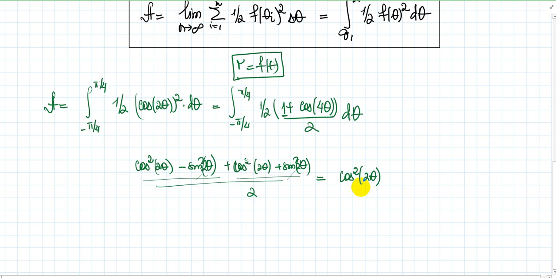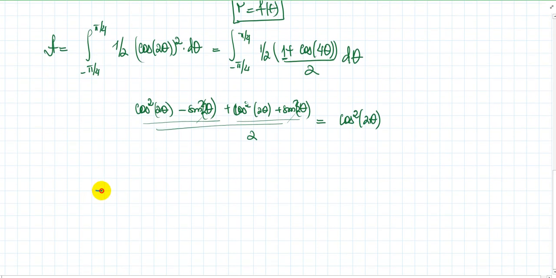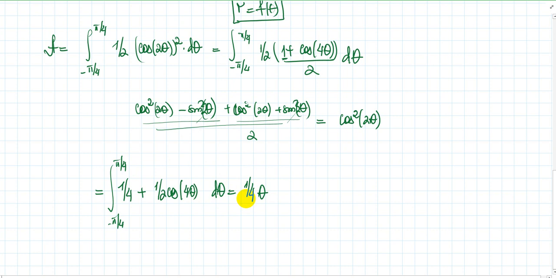So in order to integrate this, let me open up the brackets. It's going to be 1 over 4 plus 1 over 4 cosine of 4 theta, integrated from minus pi over 4 to pi over 4, d theta. What is the antiderivative of 1 over 4? It's 1 over 4 theta. And what is the antiderivative of cosine of 4 theta?